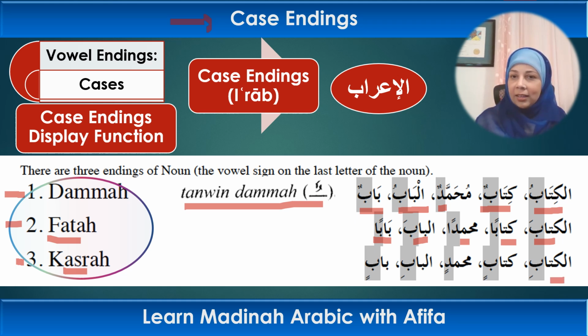Al-Kitabi, Kitabin, which is Tanween Kasra, and so on. Muhammadin, Al-Babi, and Babin. Okay, so these case endings in Arabic are called Al-I'rab. They are going to display the function of the sentence, and we will learn more about the functions now.